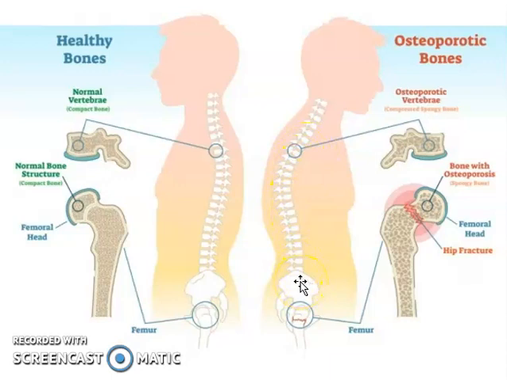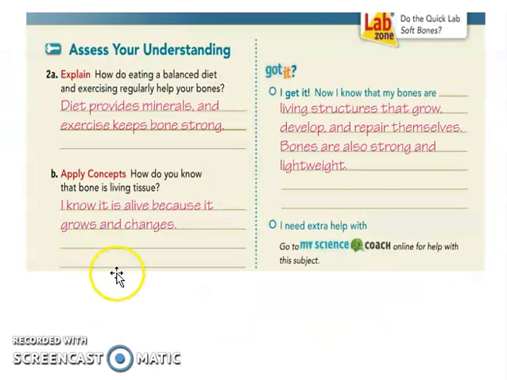That's why we need to take care of our bones. As we grow old, our back starts to be like this, from a straight back going to this curvy back here. Okay, last page here.